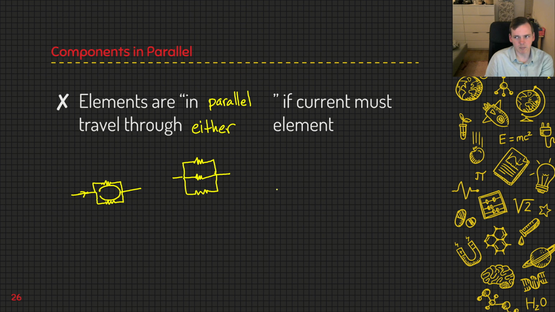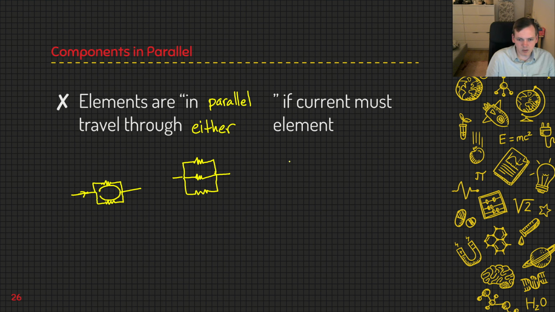Something that looks like it might be in parallel but isn't. Let me check my notes here because I think I have one. Well, we'll come up with ones later and we'll talk more about the difference between series and parallel, but for now, you've got those as examples, and of course you can build out as much as you want.